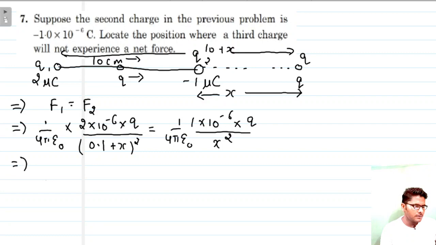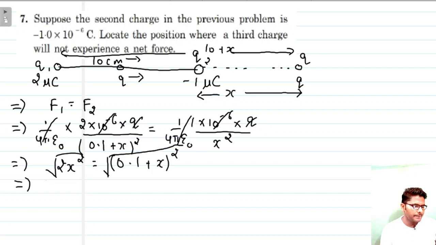As you can see, many things are common here, they can be cancelled. So this will become 2x square should be equal to (0.1 plus x) whole square. So when you apply square root on both sides, this will become root 2 x should be equal to 0.1 plus x.